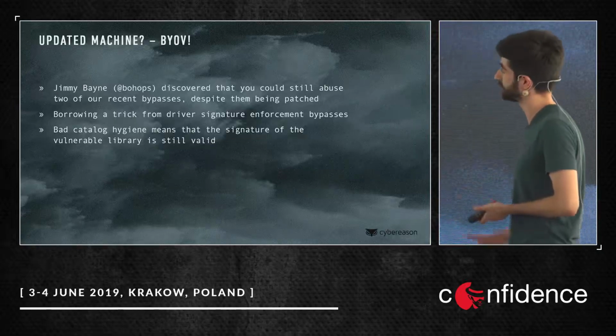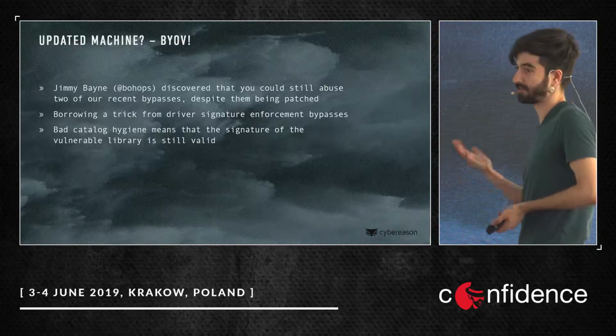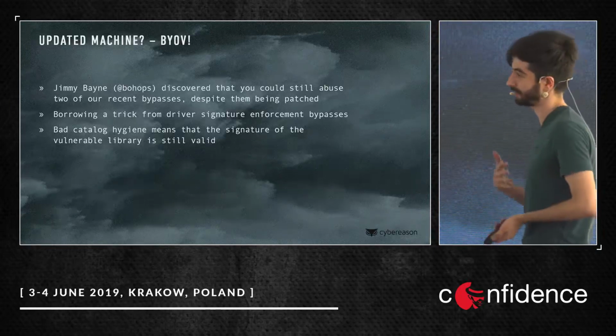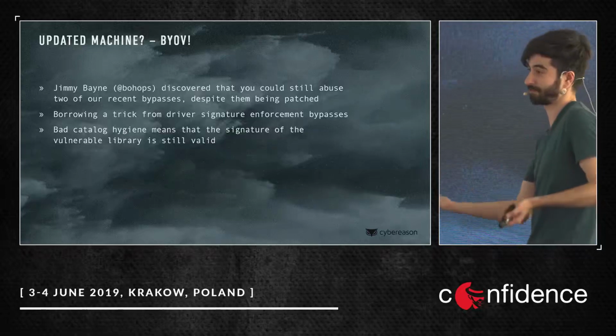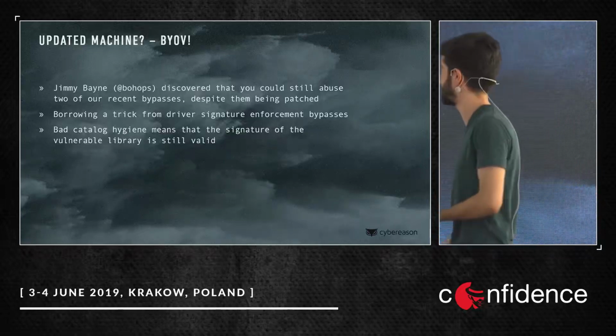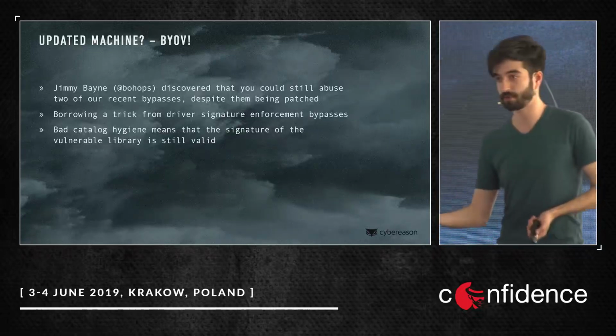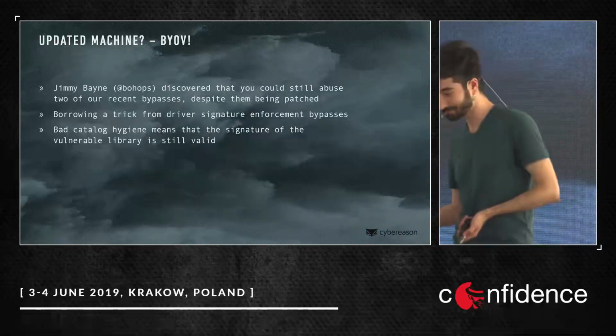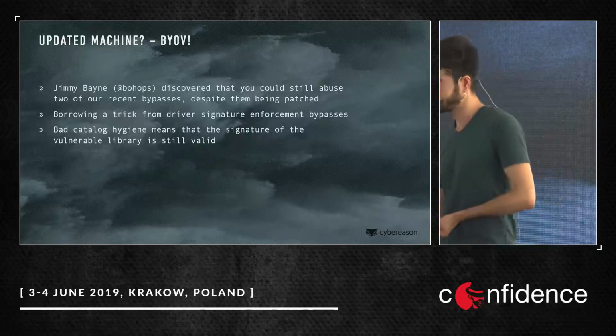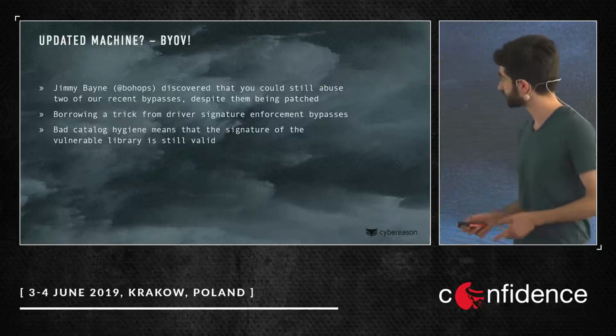And you could still abuse two of our recent bypasses. I used JScript 9. He used MSXML. And you just bring the vulnerable version back, and that's it. You have the vulnerability again. All you need to do is register it as a COM object, similar to the way I did with the scriptlets. And that's pretty much it.